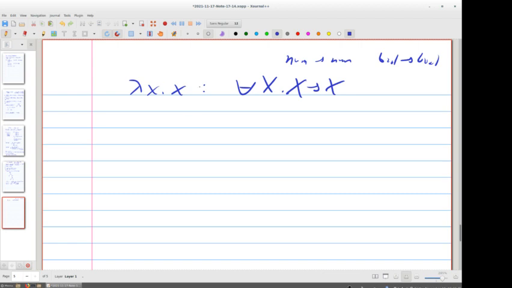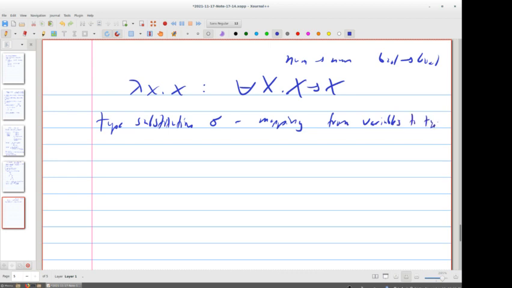So I'll write it like this. I'll say a type substitution, which I'll usually denote with little sigma, is just a mapping from variable names, from variables to types.